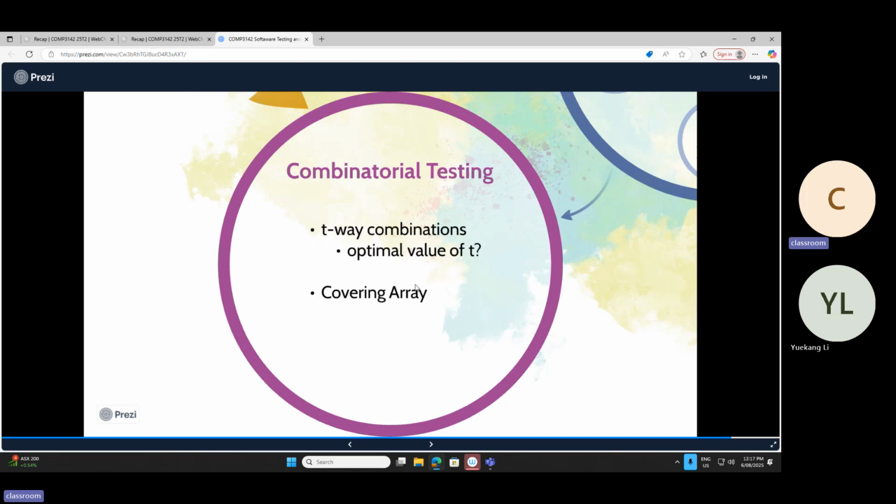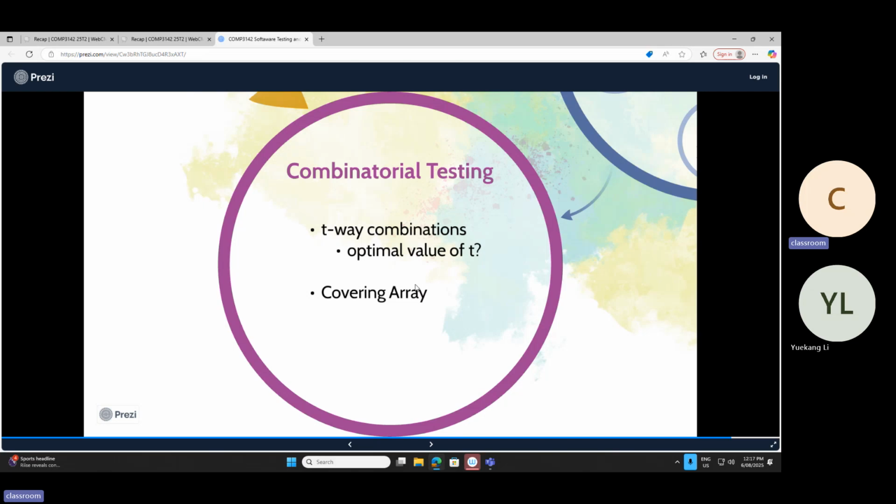So combinatorial testing is more often used to test different combinations of options passed to the program. The key idea is to use t-way combination. If a program can take different options, there is a huge number of permutations we can have for the different combinations of these option values.